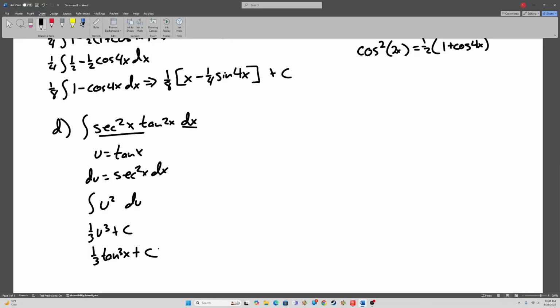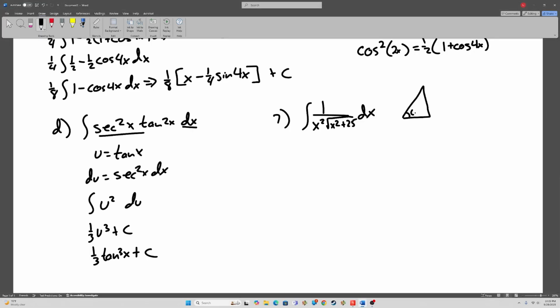There's letter D. Then I'll tell you what, it gets considerably harder on this number 7 with trig substitutions for sure. Let's look at number 7, and I recognize this square root of x squared plus 25 as the Pythagorean theorem, or at least a version of it.